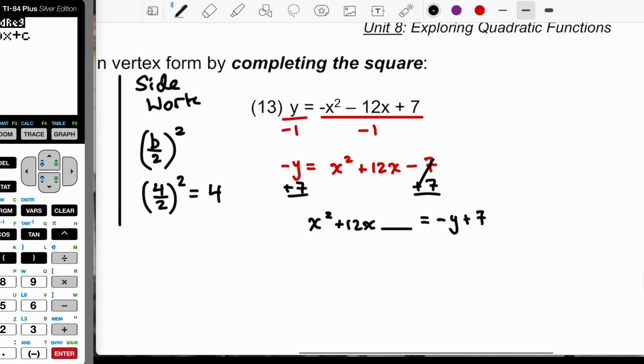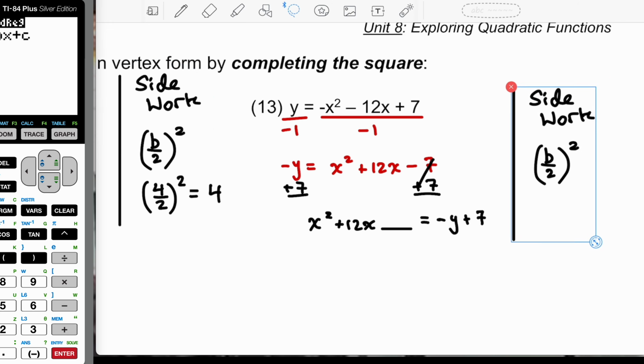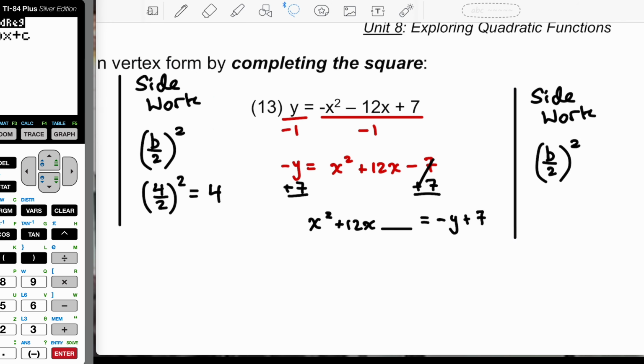We're going to do our side work. So I'm going to take my 12. I'm going to cut that in half and square the result. It's going to give me a 36. So I'm adding 36 to both sides.